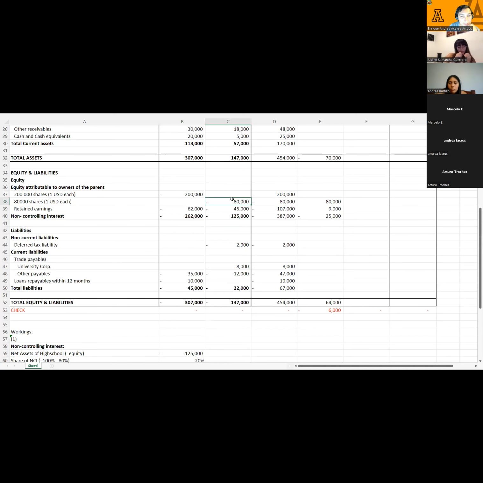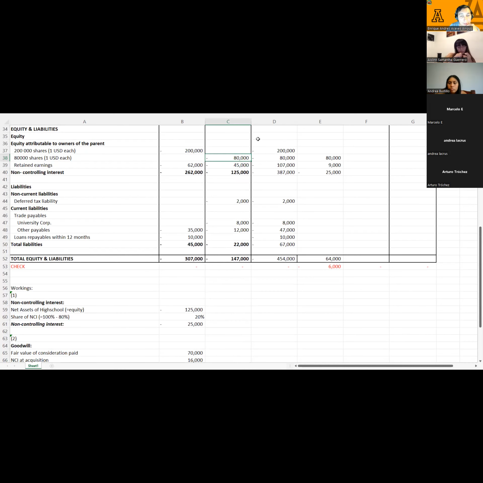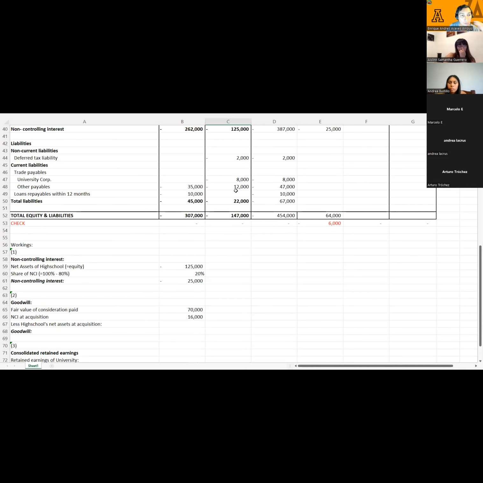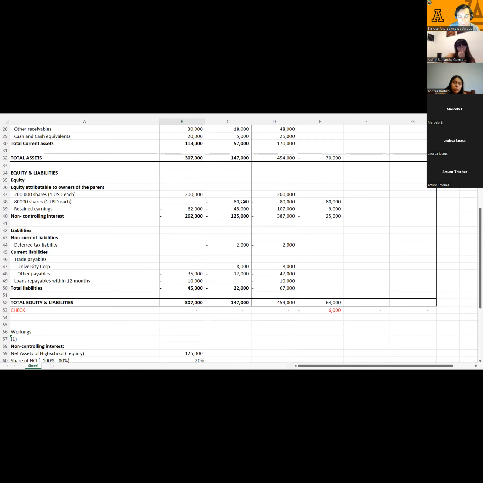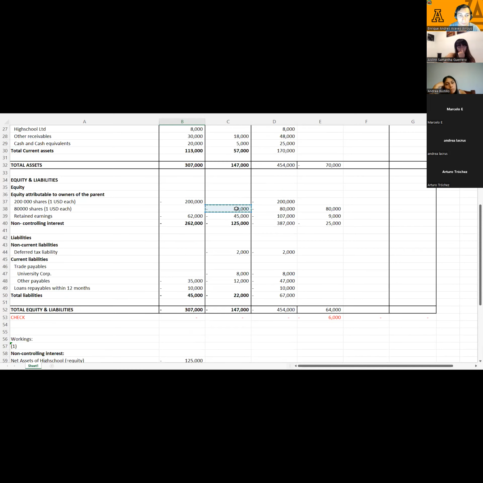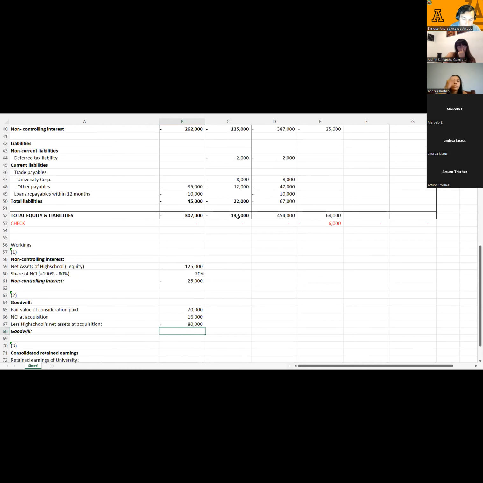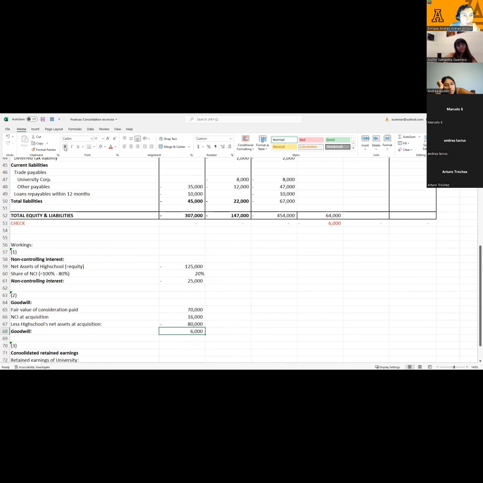And there is from the equity section 80,000 in equity, from which I don't own 16,000. It means, guys, that if we deduct the equity proportion from the subsidiary, we will get to the goodwill section for the parent. Okay.